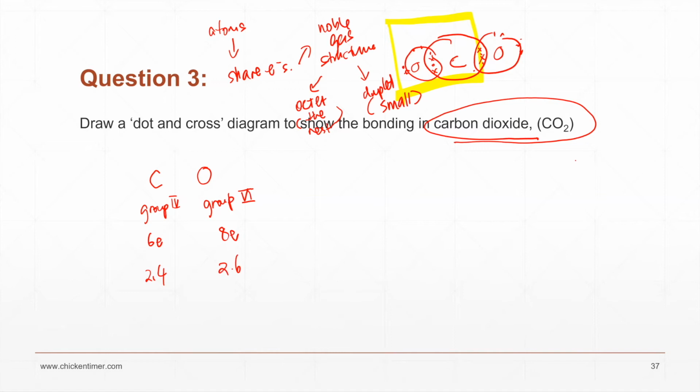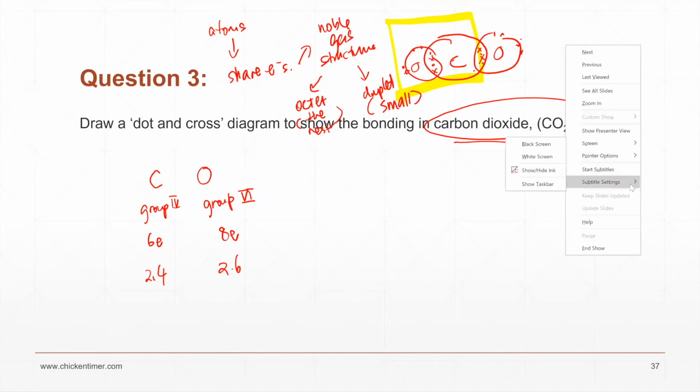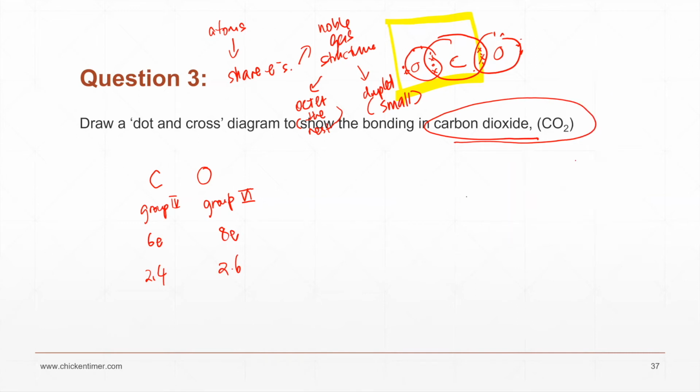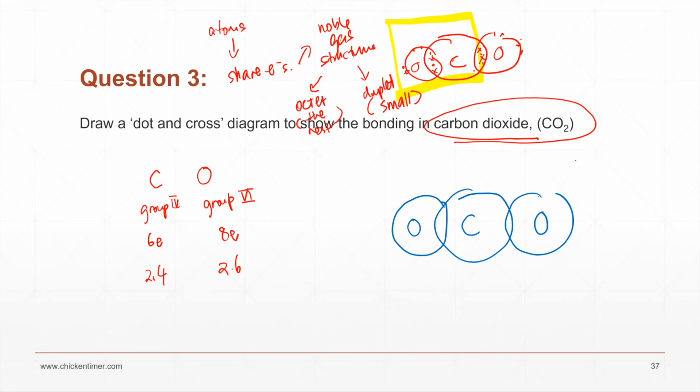So then I will proceed and draw something. We have CO2, that means I have 1 carbon and 2 oxygen. But I don't know how to fill up the electrons.